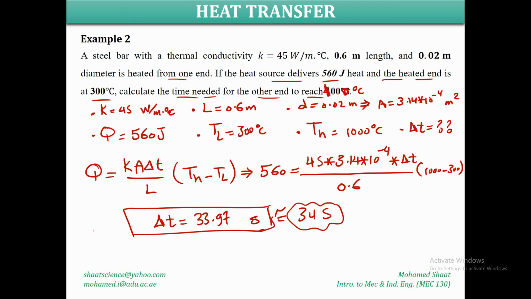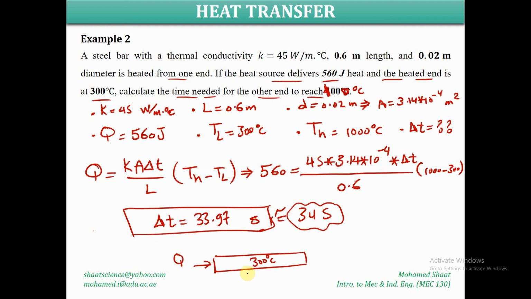This is something related to the heating rate, the rate by which we are delivering the heat. For example, for this bar, at a temperature of 300 degrees Celsius, this is the current temperature of the bar.